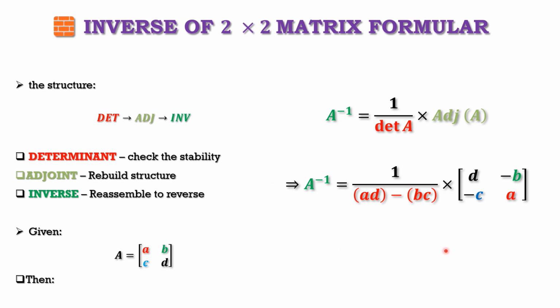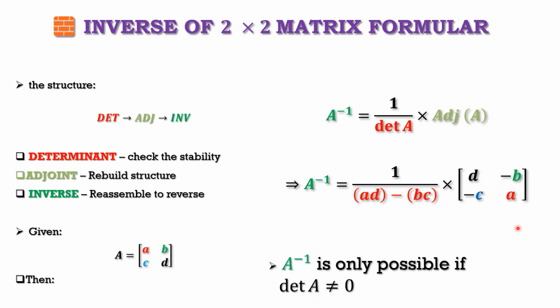So the inverse formula of the 2 by 2 matrix A is equal to 1 divided by AD, that is A times D, minus BC, that is B times C. That is how we find the determinant of a 2 by 2 matrix, times the adjoint, and the adjoint will be changing the position of A and D, then adding a sign of negative to B and C. So that is the formula of finding the inverse of a 2 by 2 matrix.